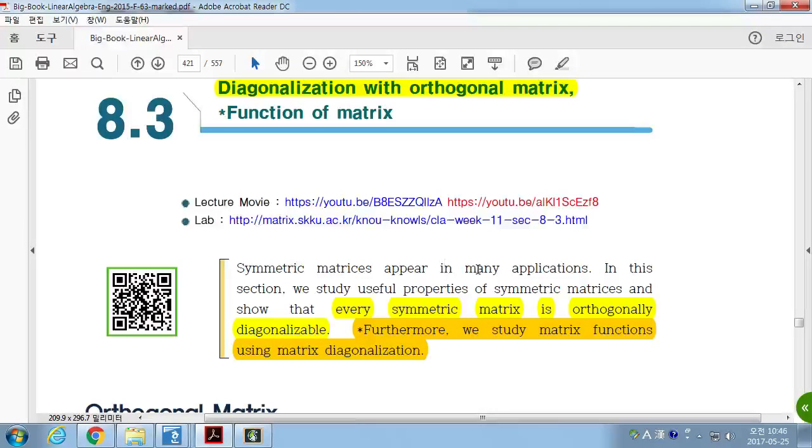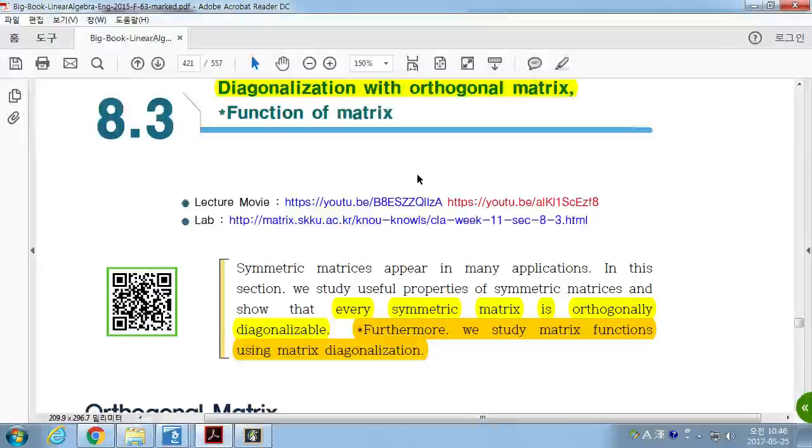Okay, now in section 8.3, we will learn how to find the orthogonal matrix P that makes a given matrix similar to a diagonal matrix through the orthogonal matrix P. So it works for symmetric matrices.